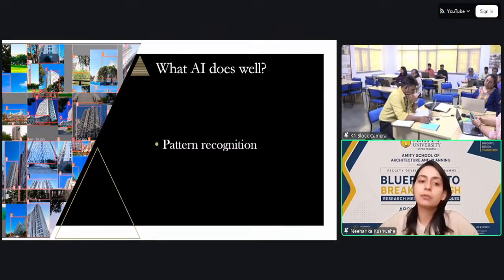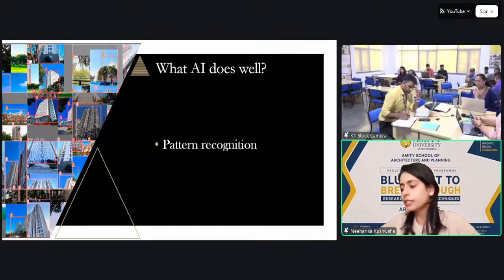Then unusual heat patterns can be detected as one example, or certain kinds of behavioral trends in public space usage. For instance, there's an AI tool that works with sentiment analysis. Sentiment analysis is nothing but, let's say we all use Facebook, Insta.